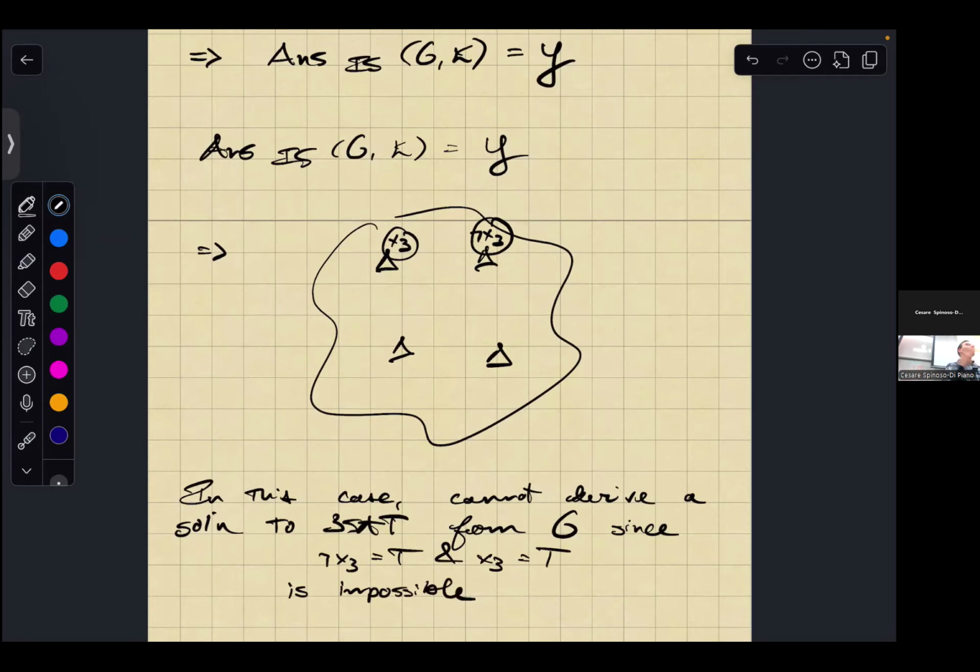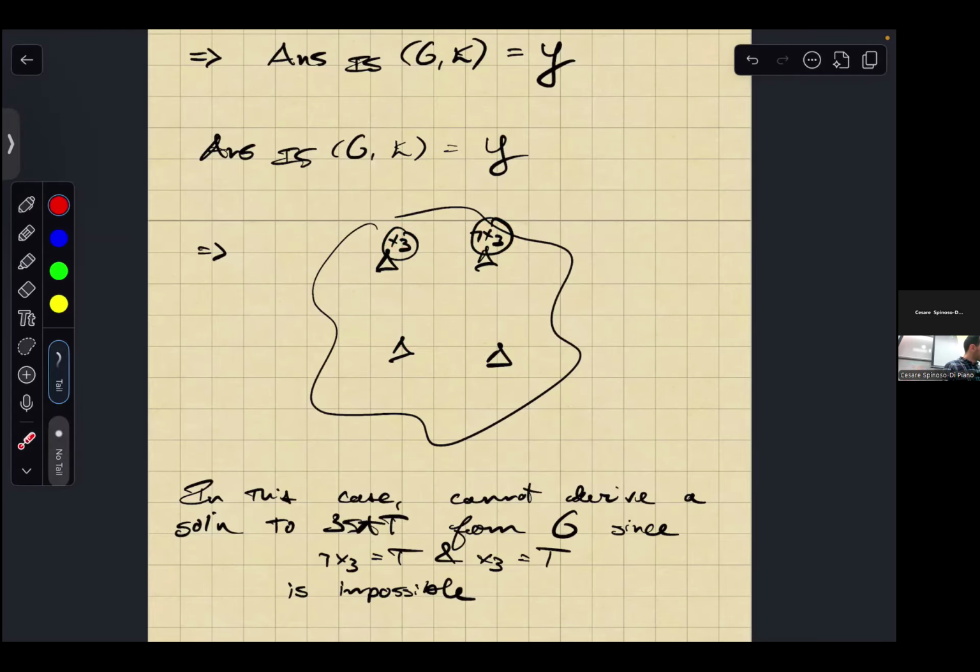And in fact, a bit more generally, why doesn't this work? It's because there's always an independent set of size K, no matter whether the answer to 3-SAT is yes or no. The answer is always going to be yes. I just pick one vertex from each triangle. That's always an independent set, even if phi is false, even if I can never satisfy phi.